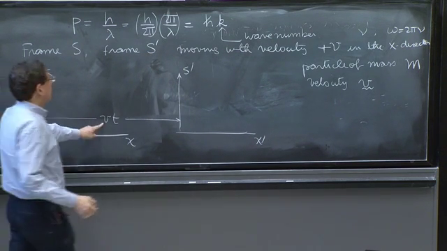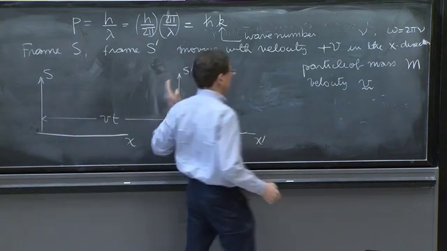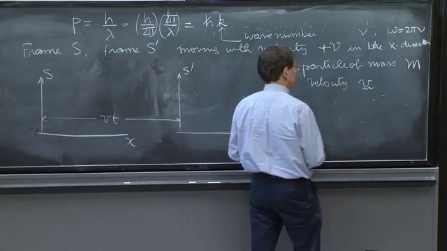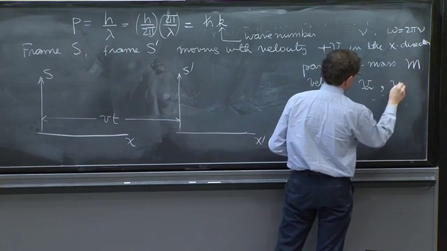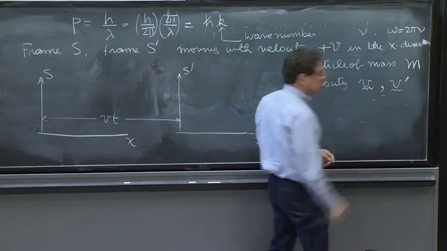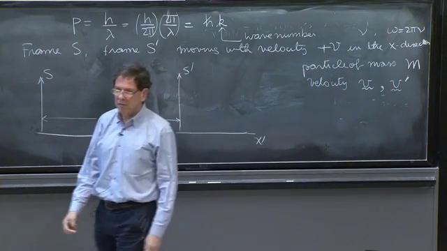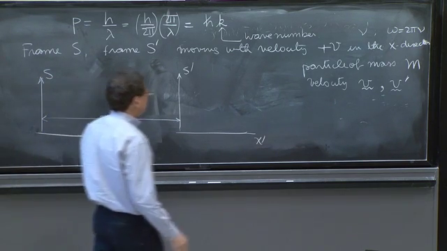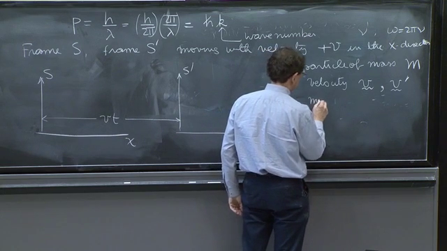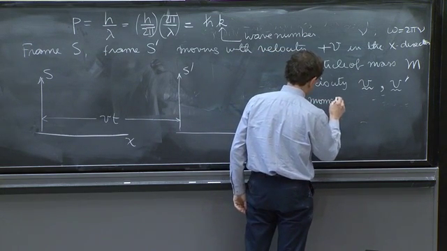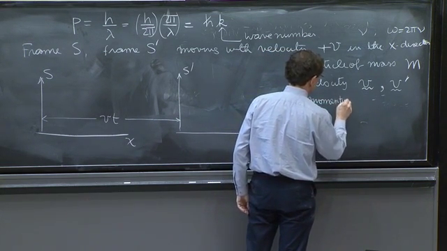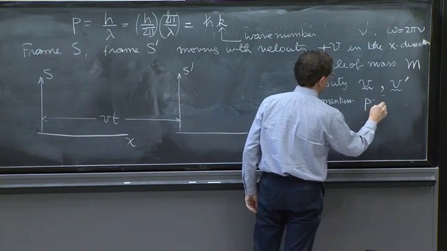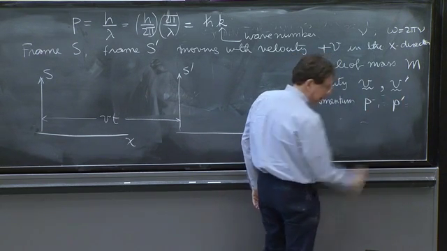So this velocity v is the velocity of the frame, v under bar is the velocity of the particle, and v under bar prime because the velocity depends on the frame of reference. Similarly, it will have a momentum, and all the things we're doing are non-relativistic. So momentum p or p prime.